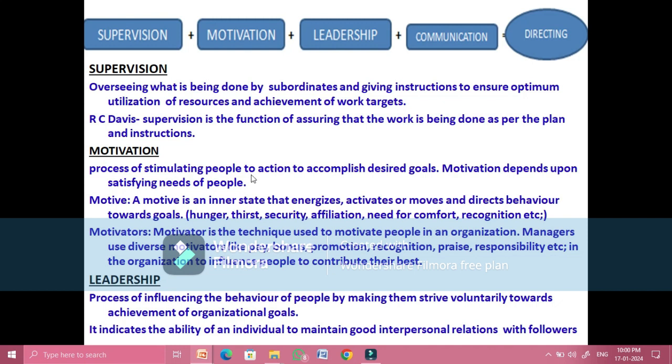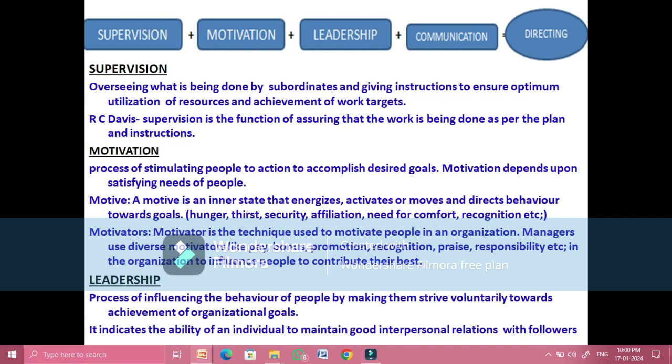This is another element in the process of directing. Next, coming to the third one, leadership. Leadership is that element of directing that involves motivation and persuasion in order to achieve the desired goals.